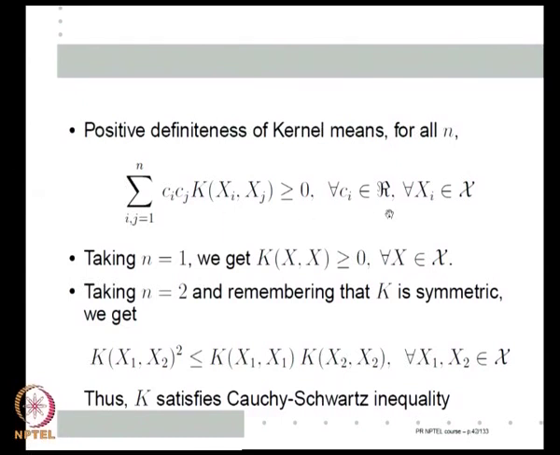But it satisfying this means that this kind of Cauchy-Schwarz inequality is satisfied by the kernel. Of course, the Cauchy-Schwarz inequality does not mean that there is a space and a function phi such that k(x1, x2) is phi(x1) transpose phi(x2), but certainly the function k, by virtue of it being a positive definite kernel, satisfies the Cauchy-Schwarz inequality. Okay. This is going to be very important for us later on in studying positive definite kernels.